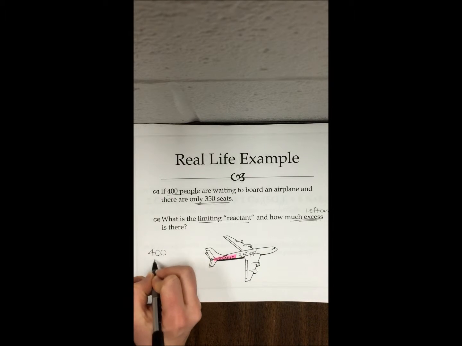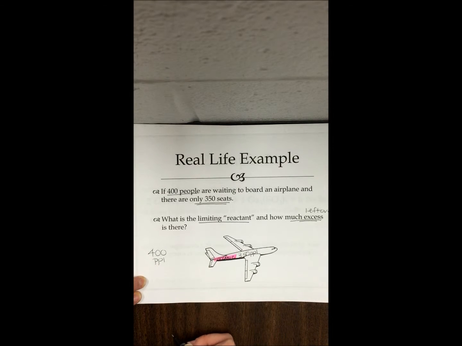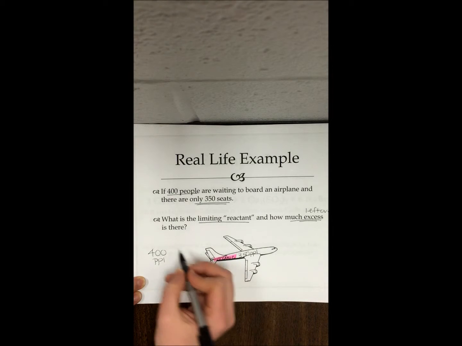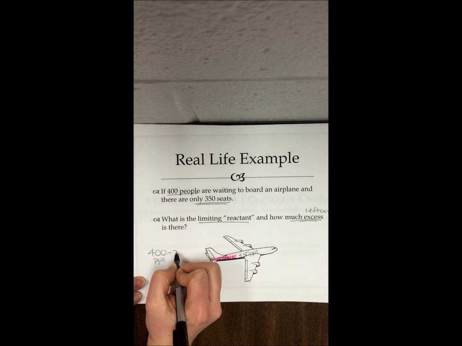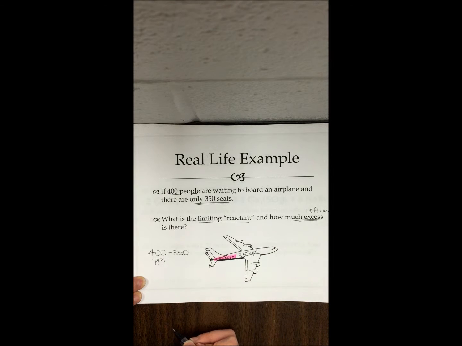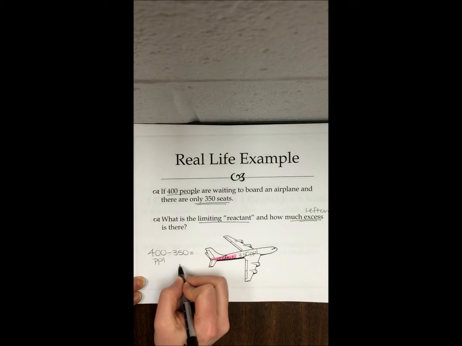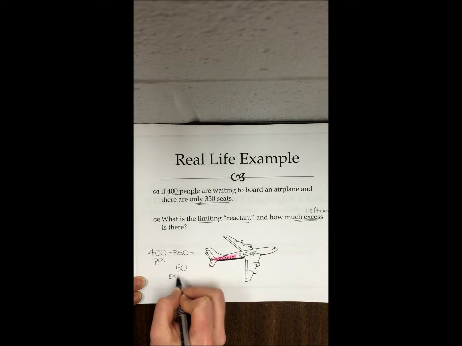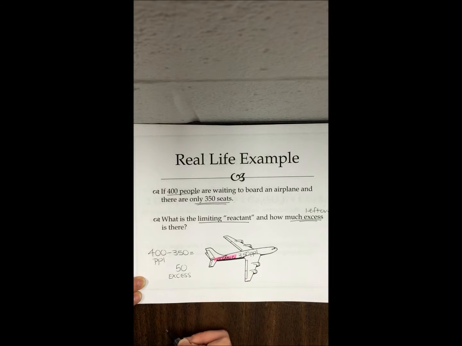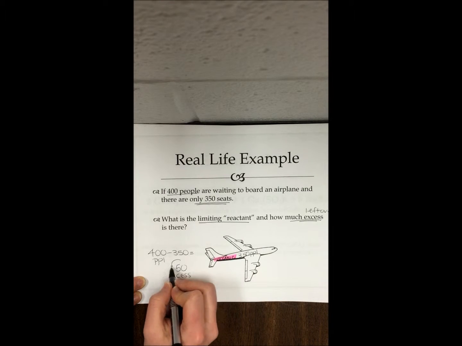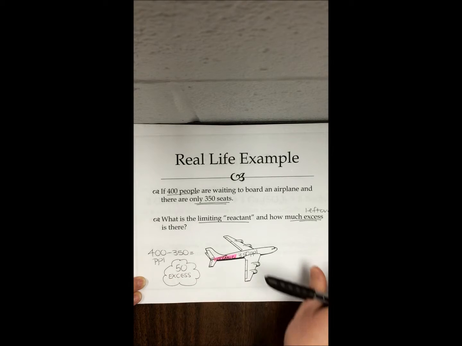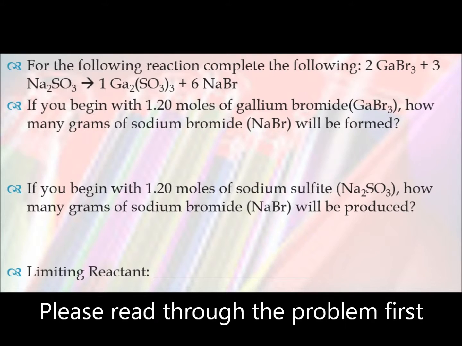Sadly, there are 400 people waiting out here. So what is the limiting? What is the excess? Well, there are only 350 people going to fit per seat. So we're going to have an excess of 50 pretty sad people that they didn't get on the flight that day. Now, let's start to think about it in terms of chemistry.